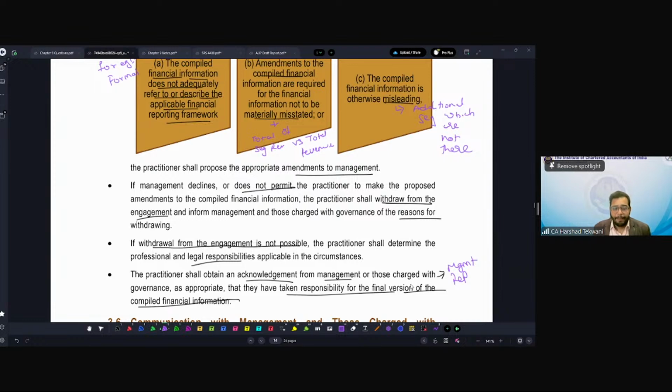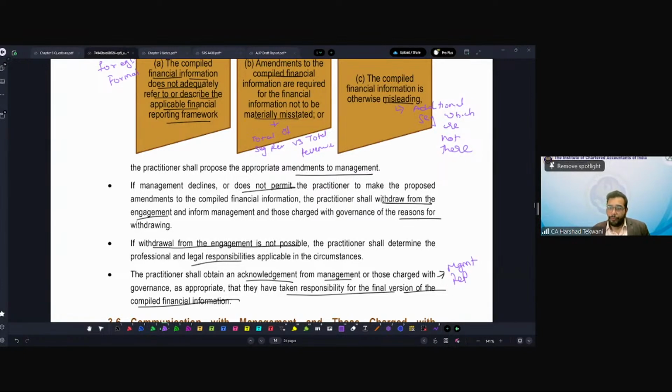Or let's say, for example, in your report you can provide amended compiled financial information, but management is not using that. Management is not ready to agree to your draft report that you have presented to management. So there could be a dispute. And throughout the particular engagement, you have to maintain the documentation part.